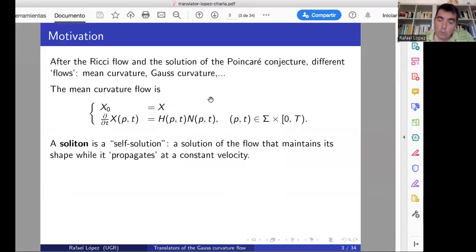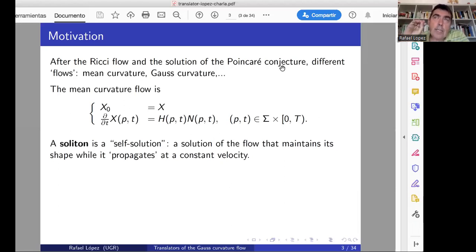The motivation to consider this equation comes essentially from the Poincaré conjecture. When Perelman solved the Poincaré conjecture, he used an interesting tool to solve the problem. The problem is topological, okay?